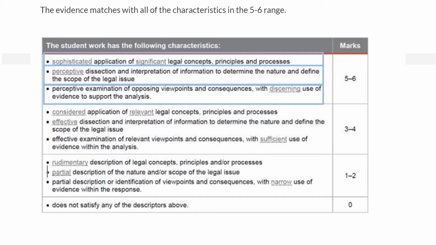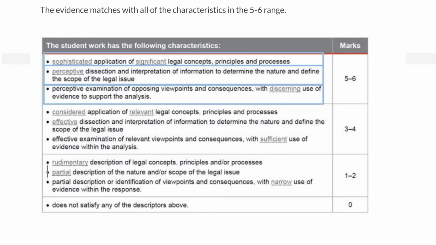Because they have been able to demonstrate across the work those 3 characteristics, the mark is shown on the right-hand side. It's going to be a 5 or a 6, and in this case it would be a 6 because all 3 characteristics have been chosen.